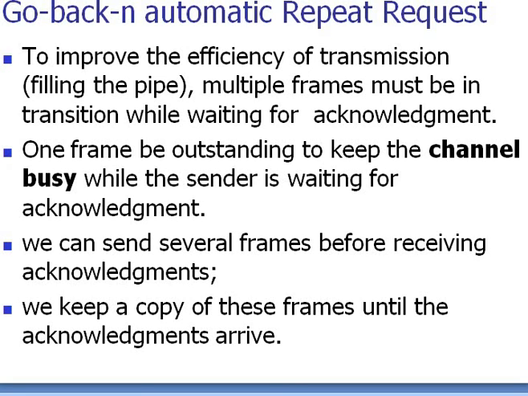One frame is outstanding to keep the channel busy while the sender is waiting for the acknowledgement. That means in go back N, multiple frames can be sent at a time and we wait for the acknowledgement. Here we can send several frames before receiving the acknowledgement. We keep a copy of these frames until the acknowledgement arrives.